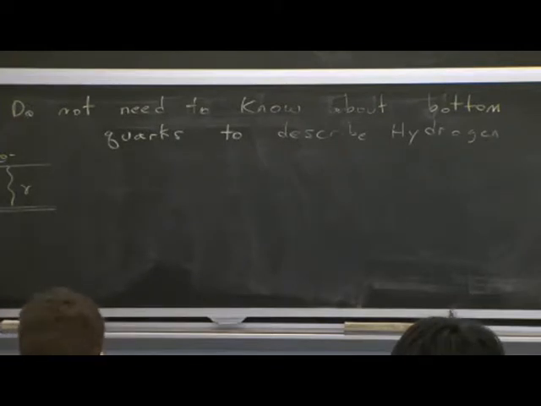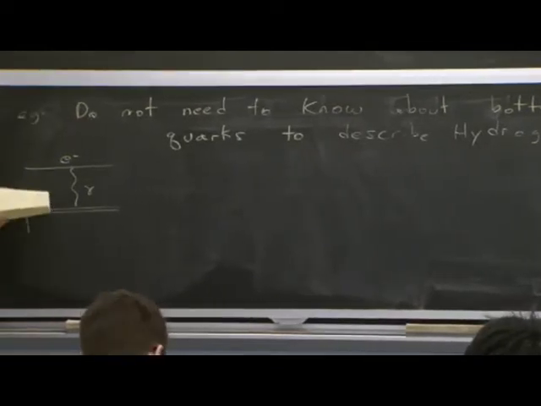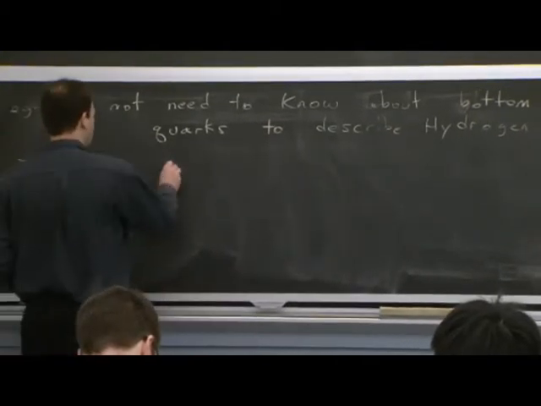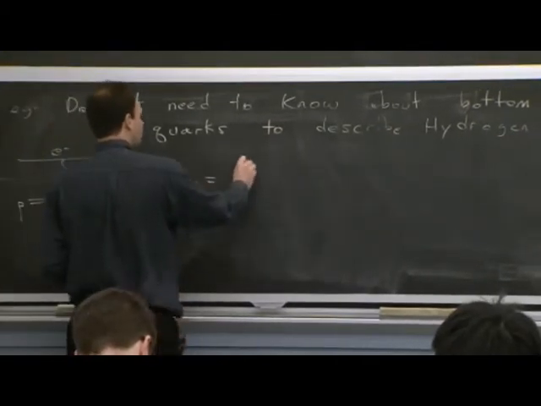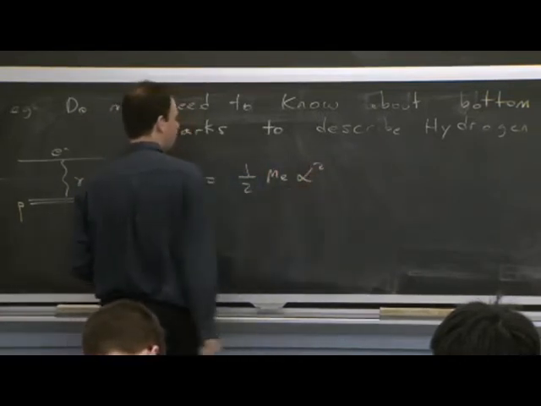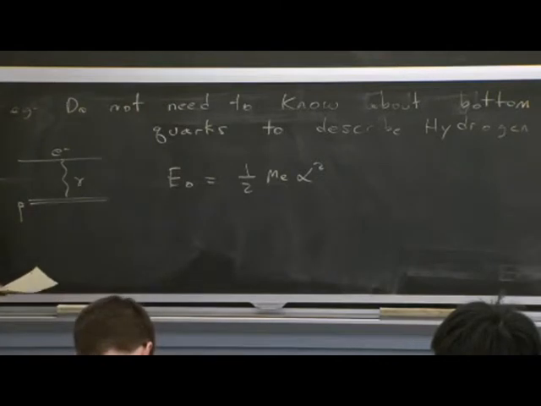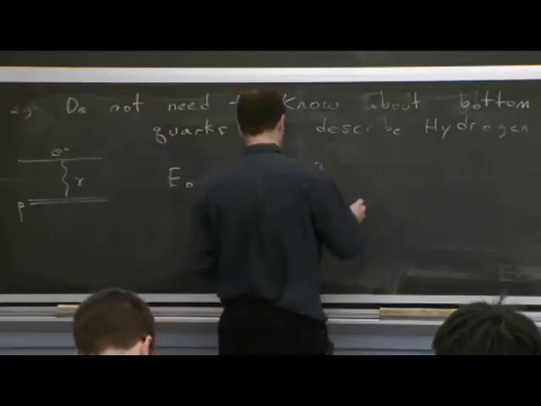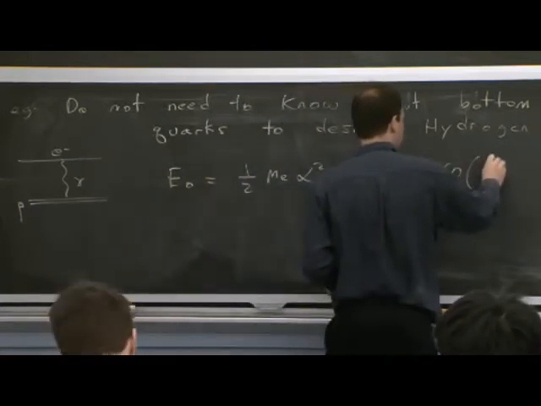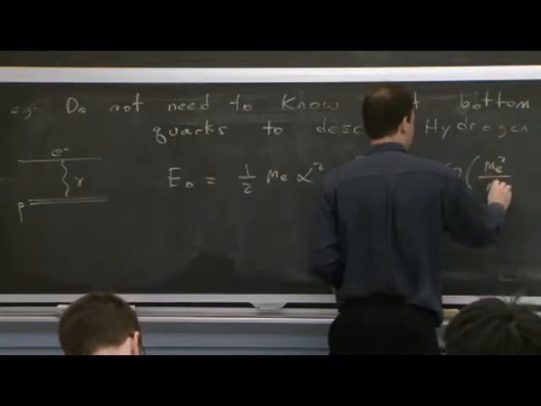Well, in a quantum field theory language, you had this diagram. You had an electron and a proton with photon exchange. And you also, when you thought about the binding energy, if we work in units where h bar and c is 1, which I will always do, then the binding energy is a half m_e alpha squared. And if you ask about the bottom quarks, the reason that you didn't need them is because they were suppressed.